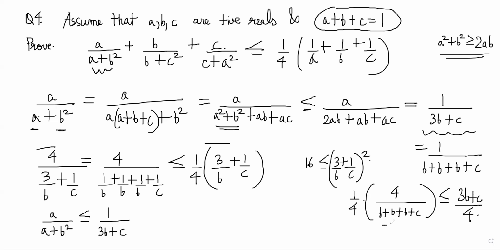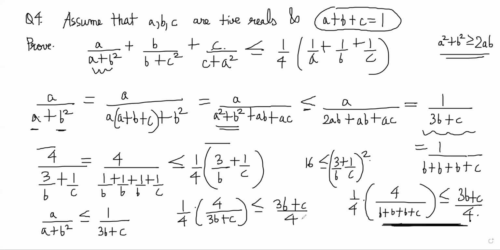We have this inequality. Basically, we have 4 by (3B plus C) and 1 by 4 of that is less than or equal to (3B plus C) by 4, and multiplied by 1 by 4, right?